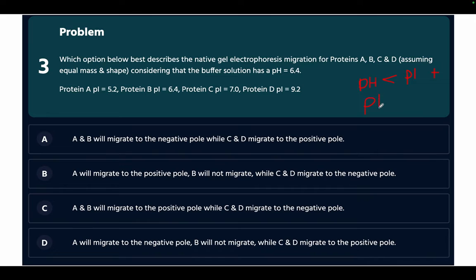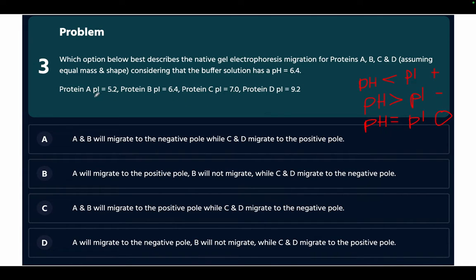If pH is greater than pI, the protein will carry a negative charge. And if pH is equal to pI, the overall charge on the protein will be 0. Okay. So considering this, let's try and see what will happen to A, B, C, and D.